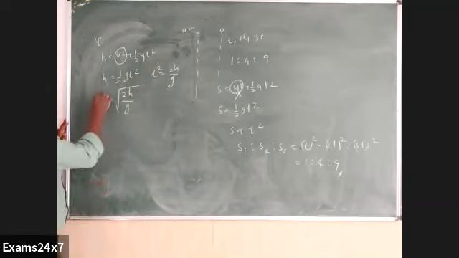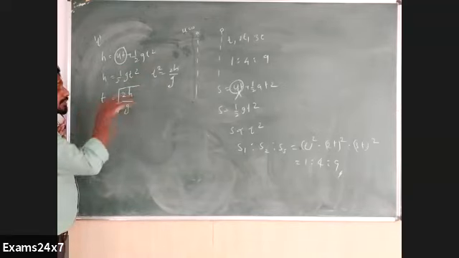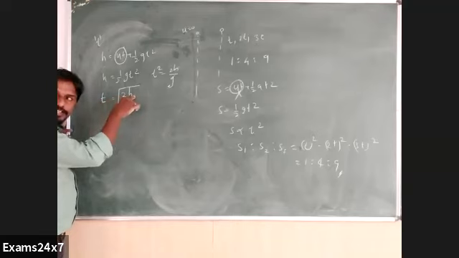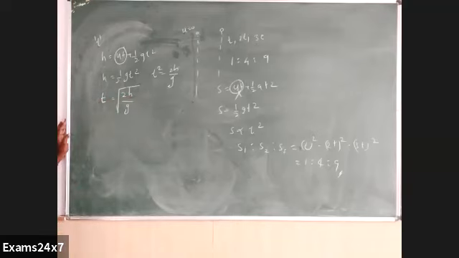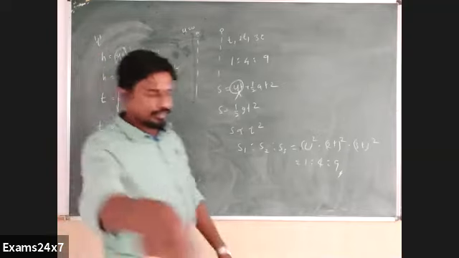What is this t? It is the time taken to travel the displacement h. So you can know that time is proportional to root h. Did you write this? Yes. Okay.